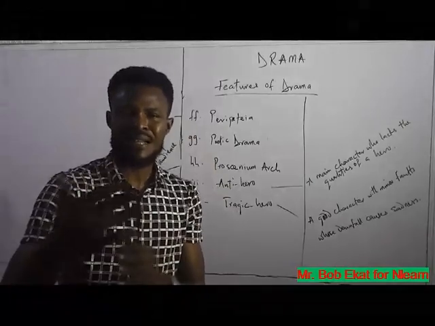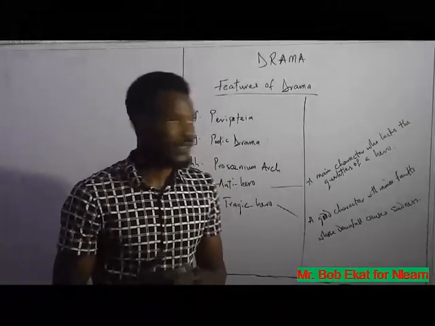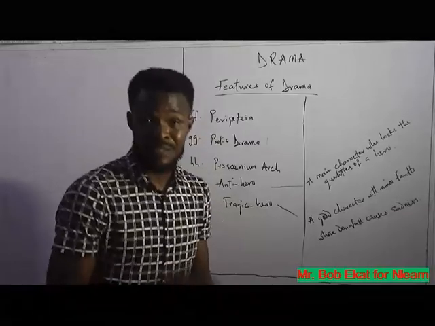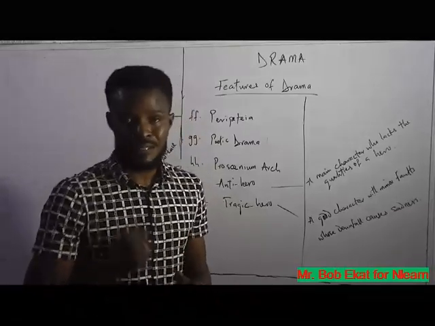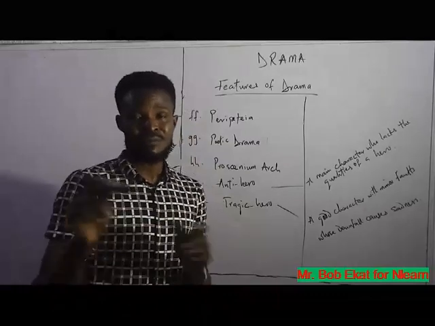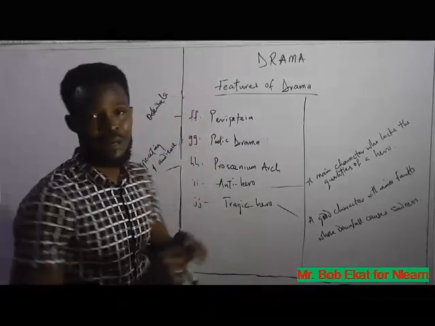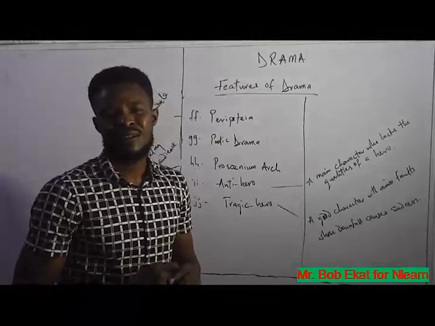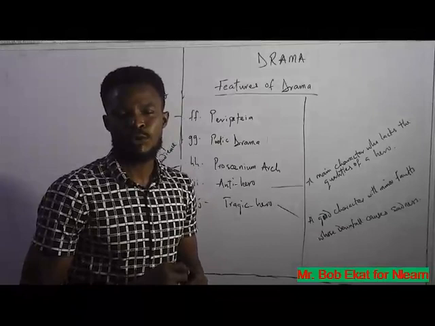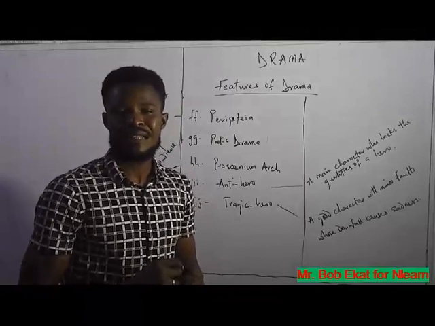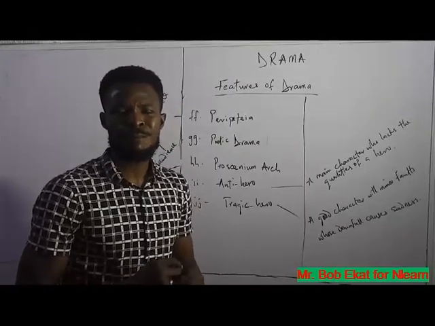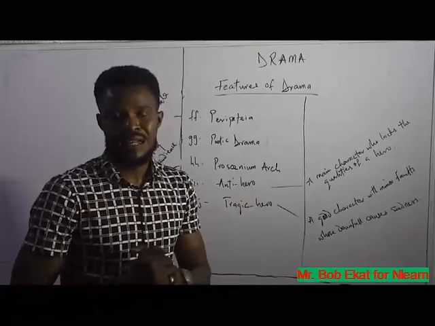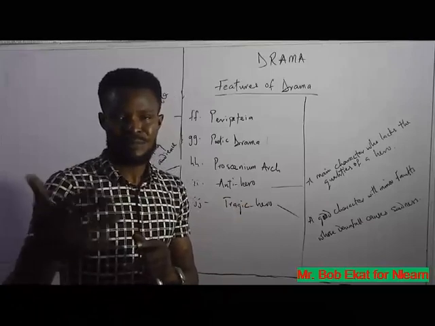Let's say there's a main character in a story. Let's go back to Ola Rotimi's The Gods Are Not to Blame, whose major character was Odewale. Odewale, who was the king, was married to a woman, and then there was a problem plaguing his community, and he vowed to solve that problem.